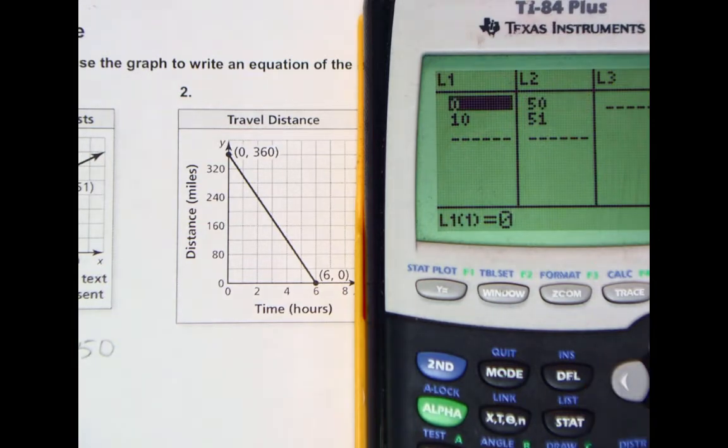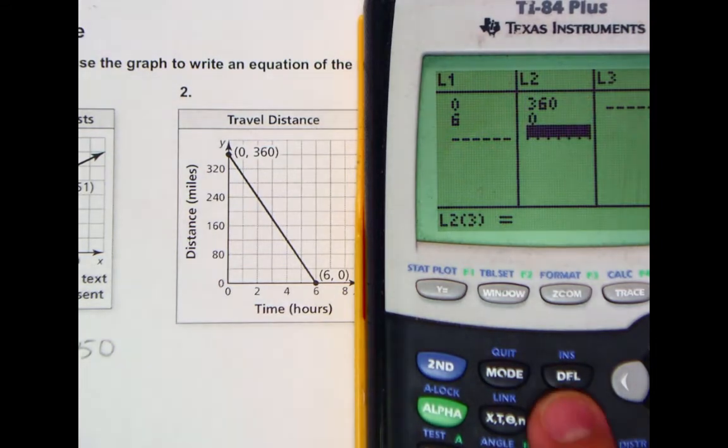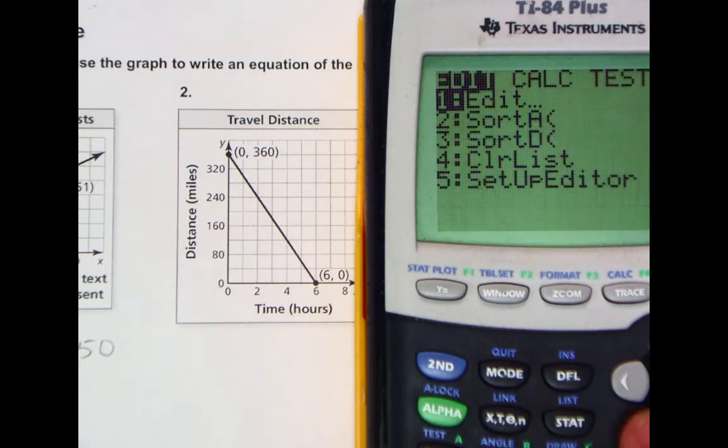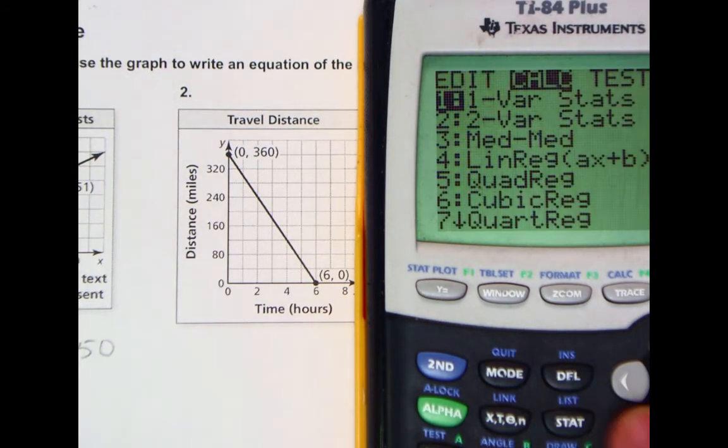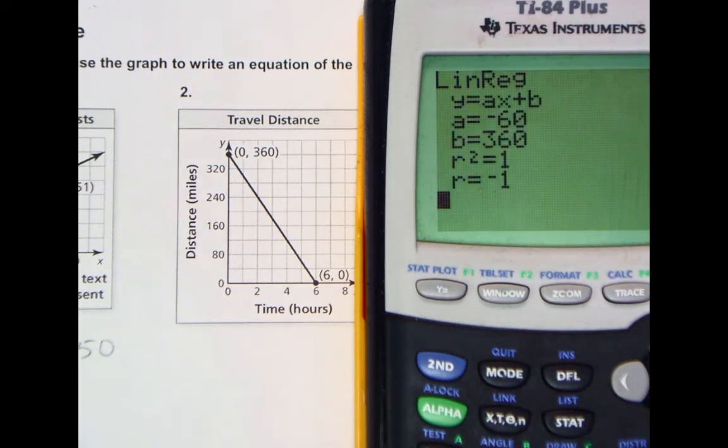So 0 is an x as well as 6 is an x. And 360 goes with that x, and 0 goes with the second x. And then repeating the same process, we'll hit stat and go to calc and go down to linear regression and enter, and there it is.